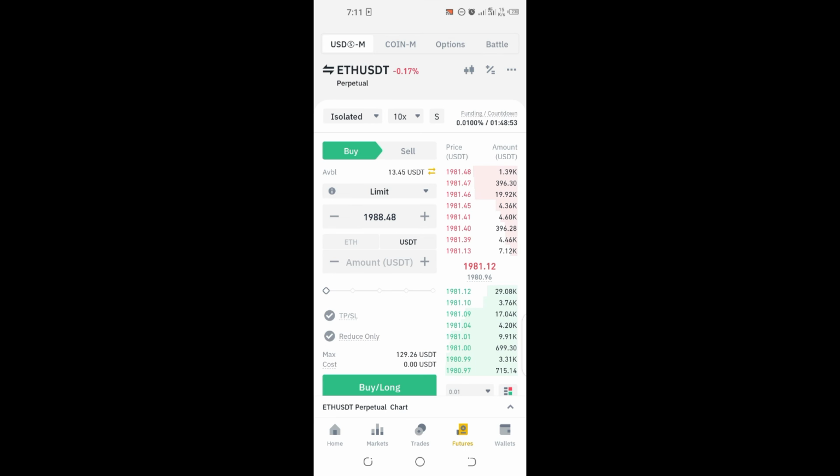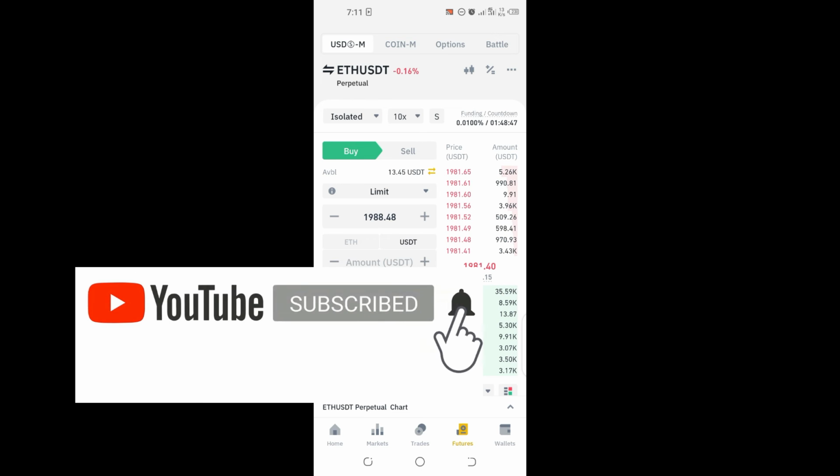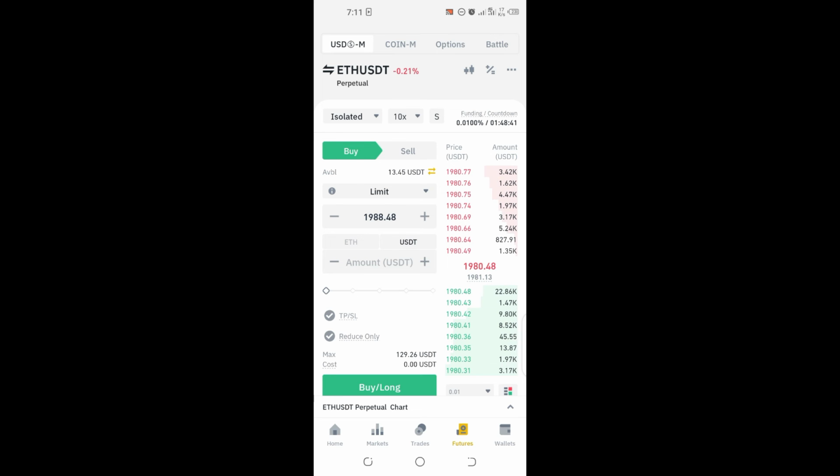Below we have the limit. Limit means that when I set the price at which I want to enter a trade, at this very particular price, as you see, 1988.48, that is when I will enter the trade.